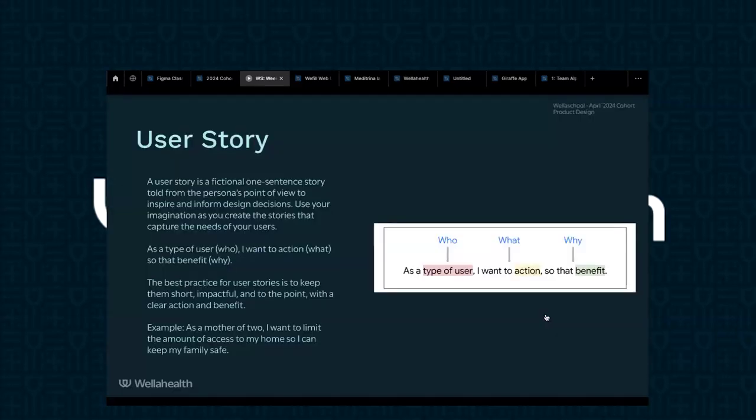So now, user story. A user story is a fictional one-line or one-sentence story. Ours has multiple sentences, but the idea is that it has to be short, right? Told from the persona's point of view to inspire and inform design decisions. Of course, apart from inspiring design decisions, it can also help you bring other people on board.